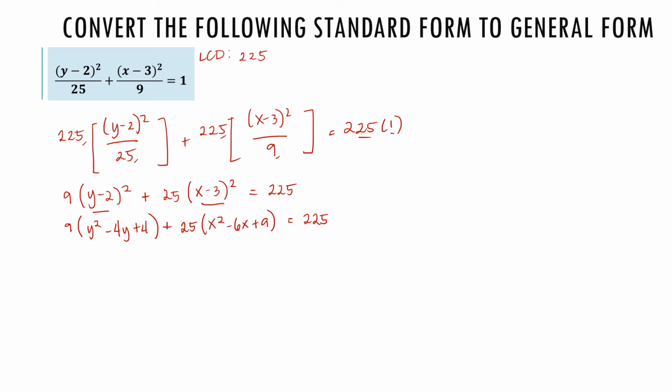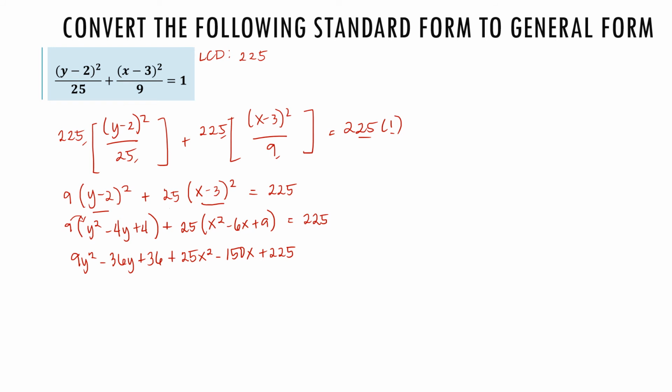Now, let us distribute 9. We have 9y squared minus 36y plus 36. Next, distribute 25. 25x squared minus 150x plus 225.